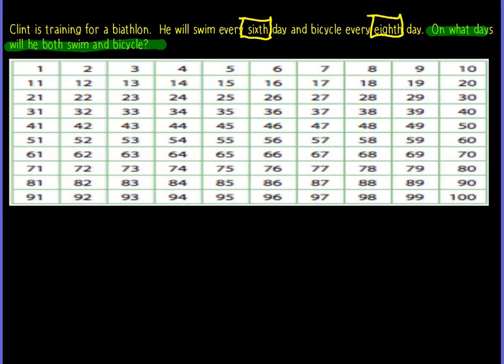So I'm going to highlight the days that he's going to swim. Every 6th day, so 1, 2, 3, 4, 5, 6, and again, 1, 2, 3, 4, 5, 6.